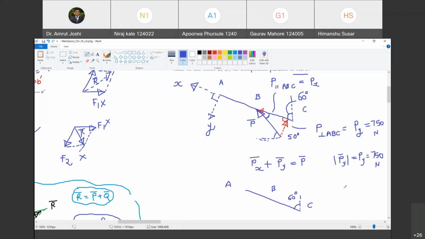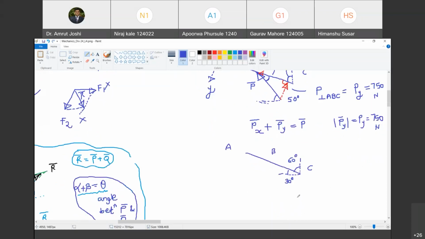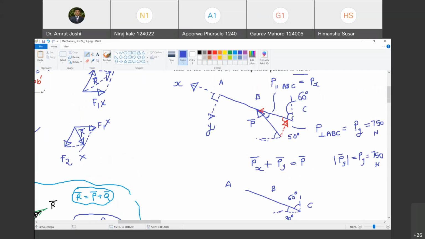Are you with me? So what is the angle this line ABC makes with the horizontal? 90 minus 60, it will be 30 degrees. Are you with me? So that means this line ABC makes an angle of 30 degrees with the horizontal. Happy?